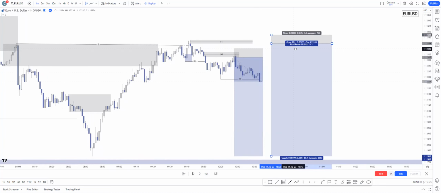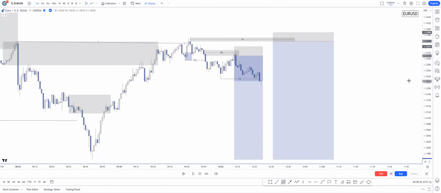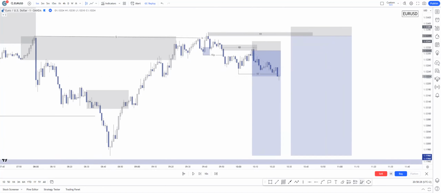The extreme area in this case did not cause anything, to be honest. It was just the extreme of this whole movement, but the real movement happened from the decisional area.